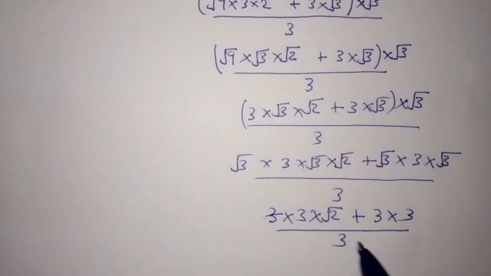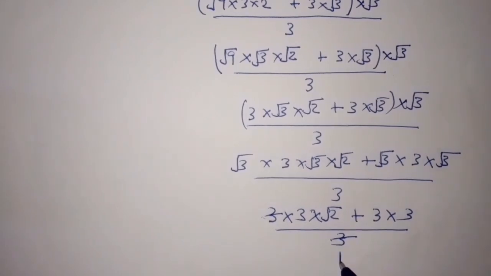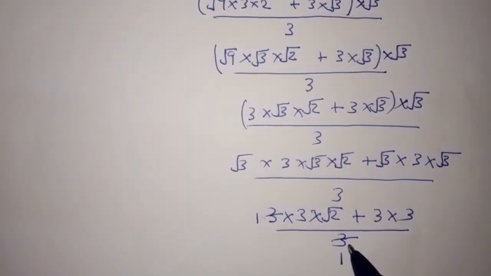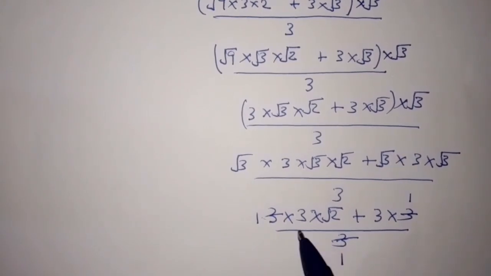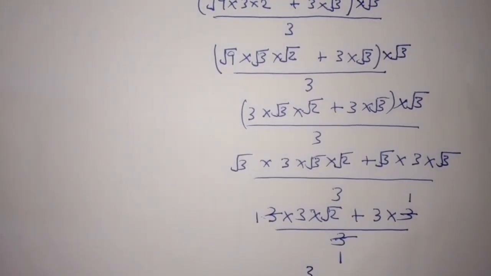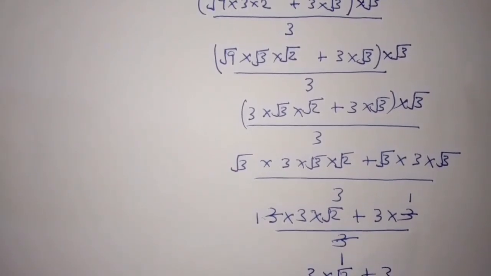So now 3 can cancel 3. 3 goes here 1 times. 3 goes here 1 times. 3 can cancel 3 here. So now we end up with 3 times square root of 2 plus 3.